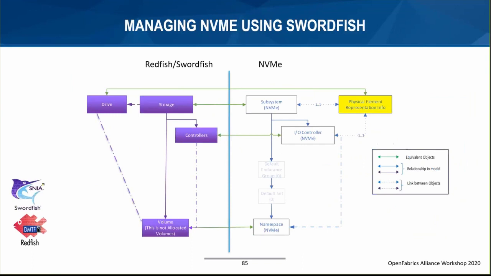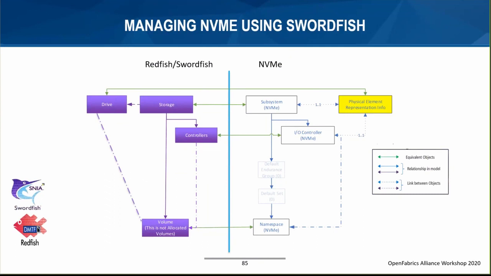So it is the first time ever DMTF, REDFISH, and SNIA, Swordfish, and NVMe have a connection, and they are coming out together to build this kind of a management model. So the way to look at the diagram on this slide is we have a mapping diagram between NVMe and Swordfish. So to understand how NVMe and NVMe over Fabric resources are managed with Swordfish, we will use 3 steps.